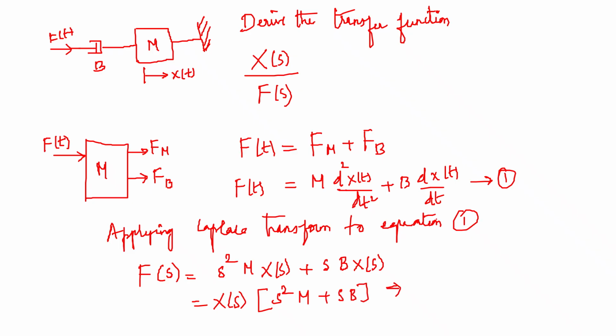The required transfer function is of the form X of s by F of s, which can be written as 1 by m s squared plus b s, or 1 by m divided by s squared plus b by m into s.